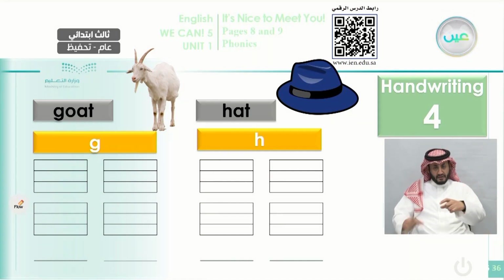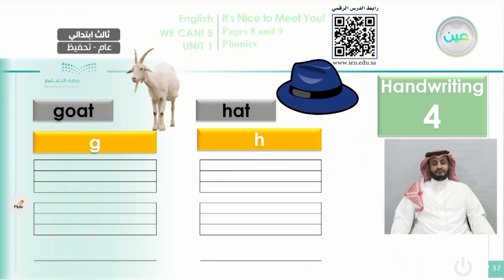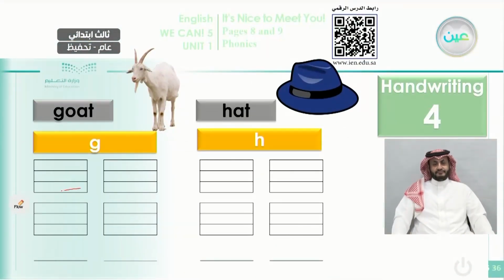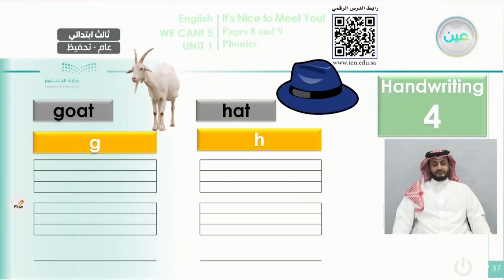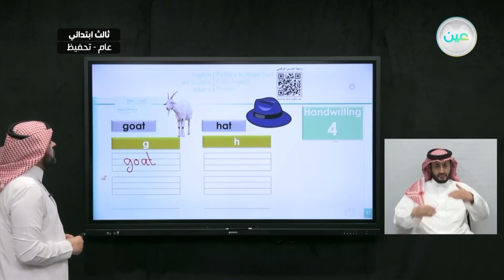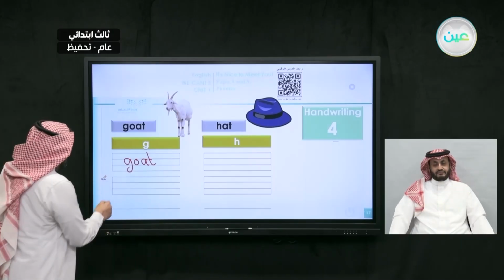Okay, how to write the 2 words here, goat and hat. Okay, goat, we can write it in this way. G-O-A-T. If you are committed to the lines, that means you make your handwriting neat and tidy.